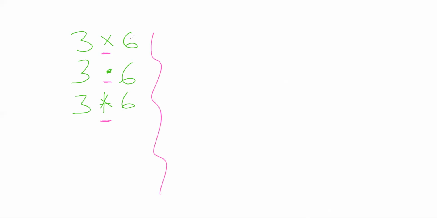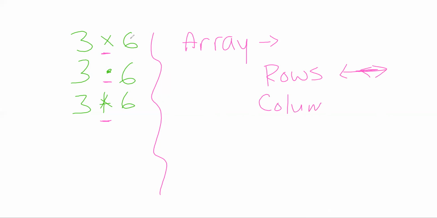All right, so an array. As I said before, an array is a model that shows how we can organize things in rows, which is left and right, and columns, which is up and down. And that's all this multiplication sentence really says. It's interchangeable, you can say rows or columns first, it's up to you.